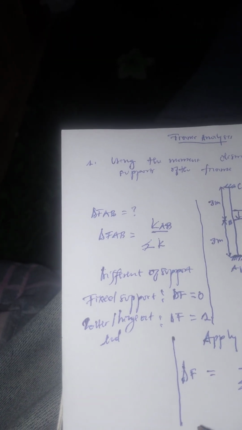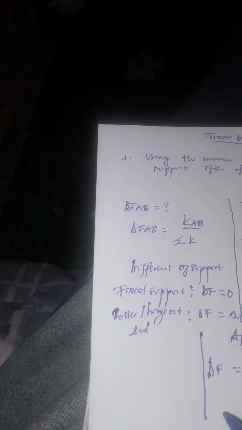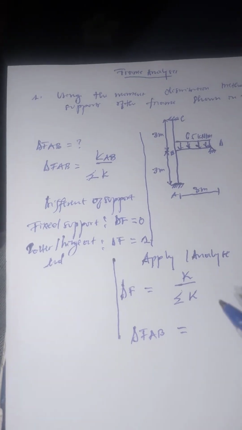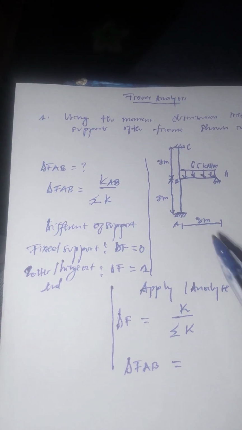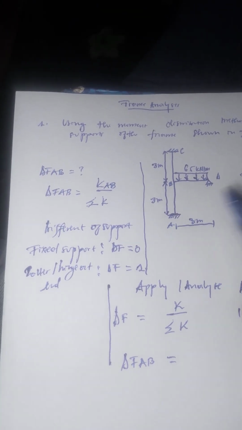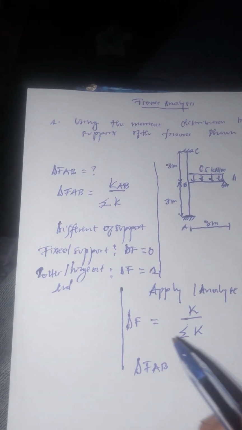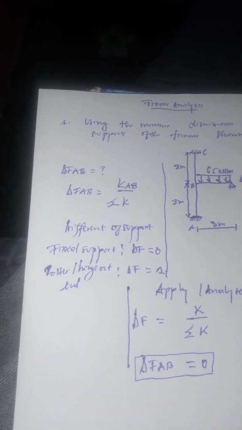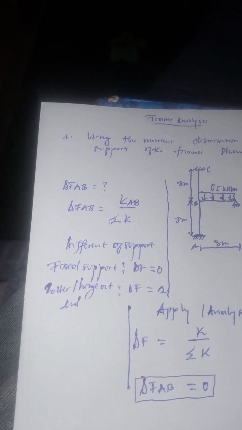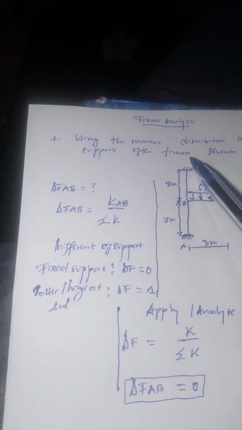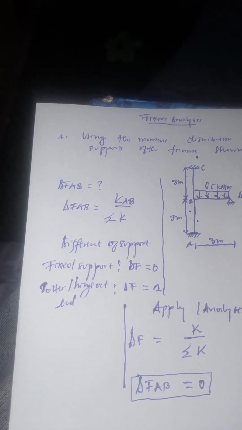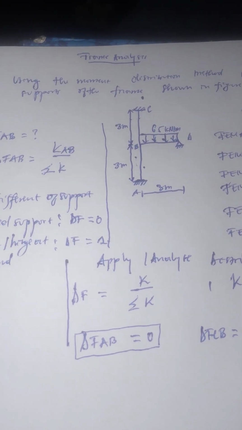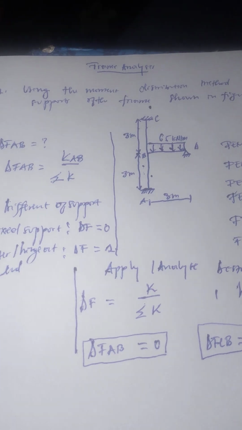But here for distribution factor AB, because we have a fixed support, the distribution factor must be equal to 0. Then distribution factor CB must also be equal to 0.